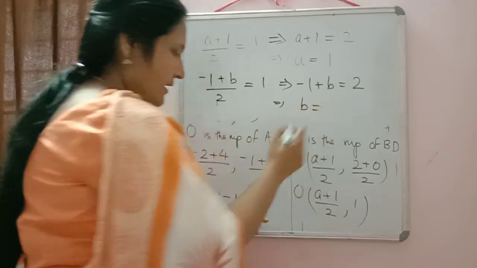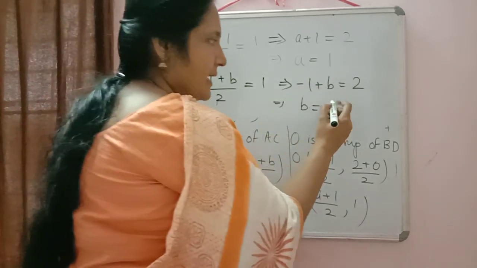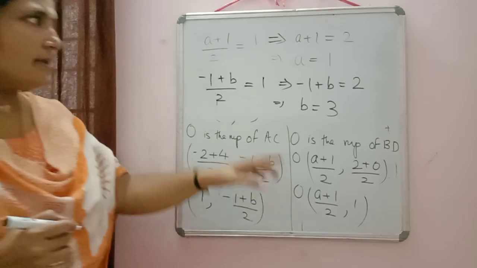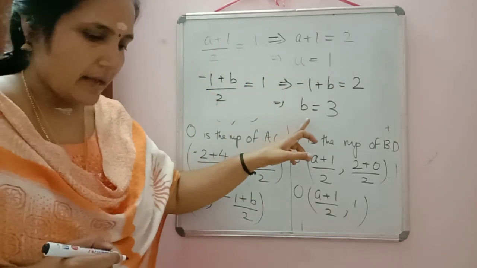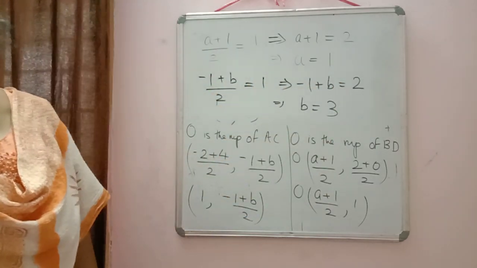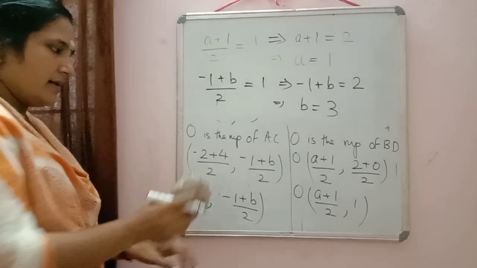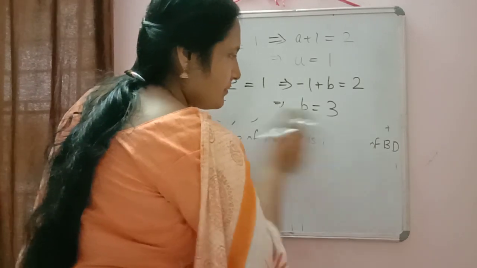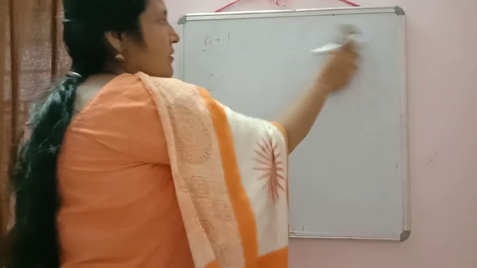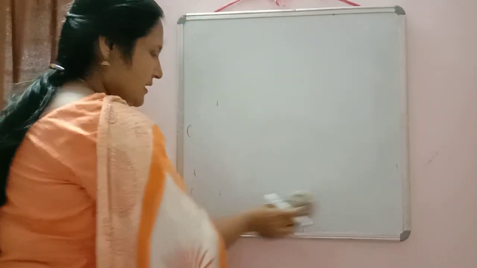So b will be equal to 2 + 1, 3. So we got a is equal to 1 and b is equal to 3. So in this way we can use the concept of section formula. When you use the concept of midpoint, it will be easy to solve the question there.